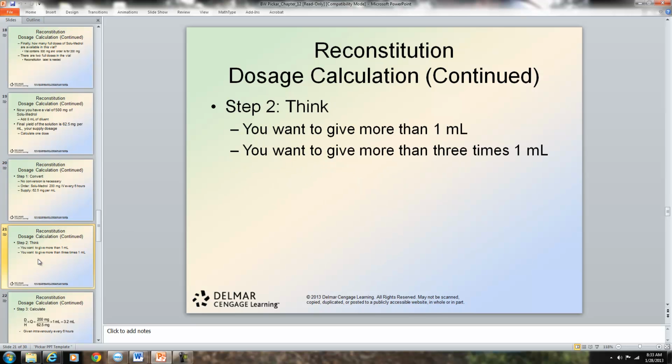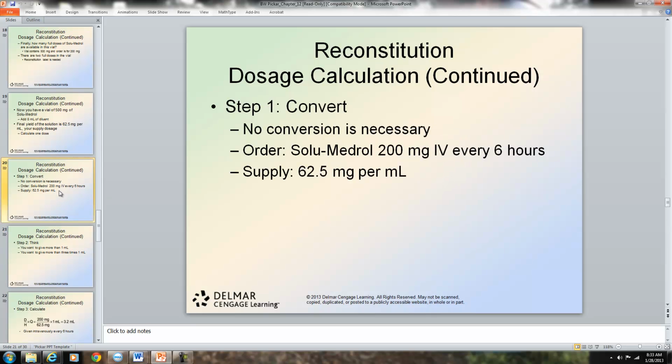So you think, am I going to give more than 1 milliliter? Am I going to give less than 1 milliliter? Am I going to give 3 times 1 milliliter? What would be a reasonable amount? This is our supply, and we need 200.